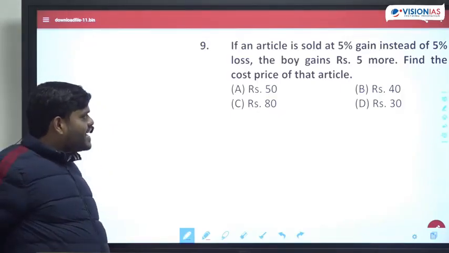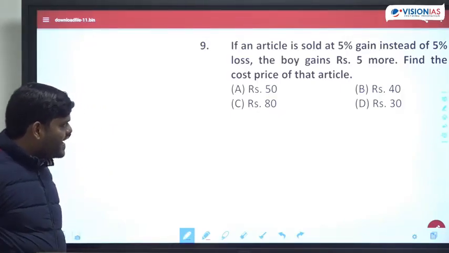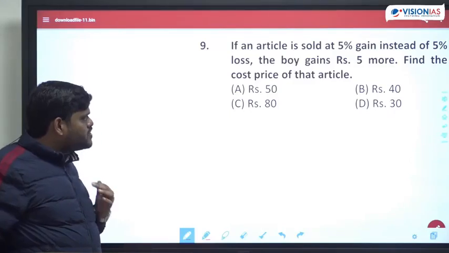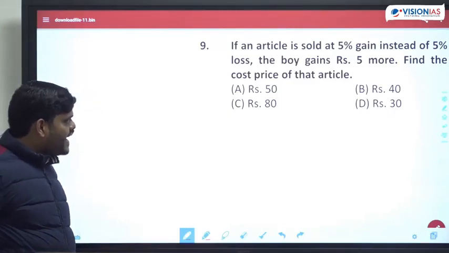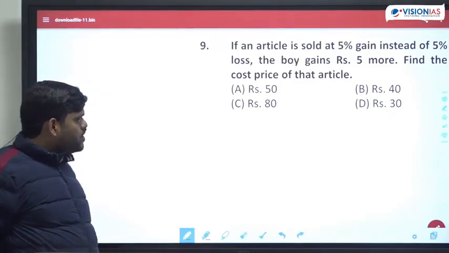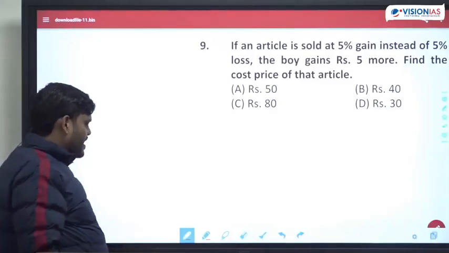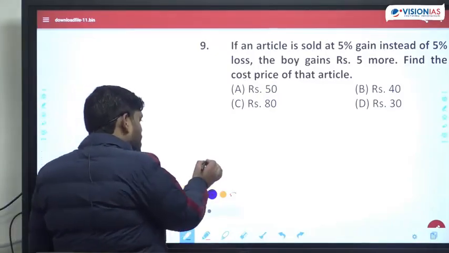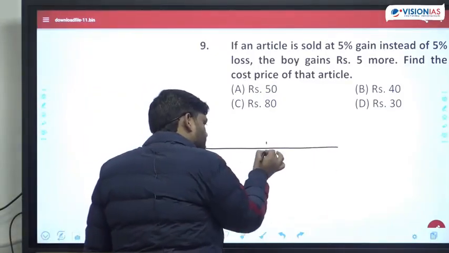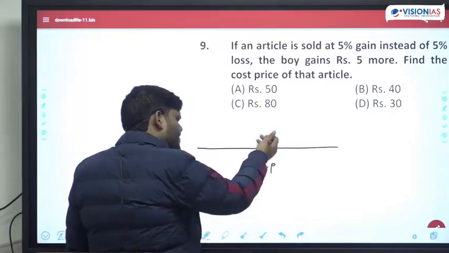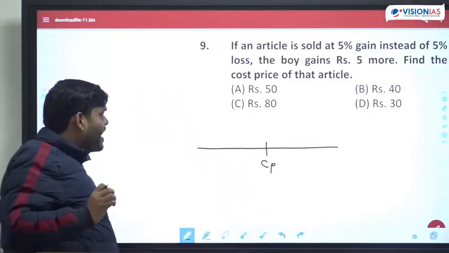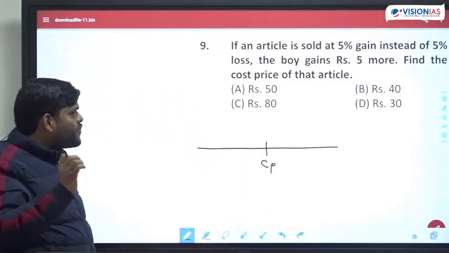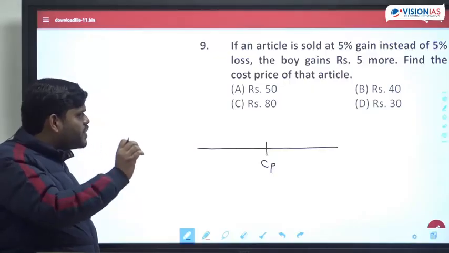If an article is sold at 5% gain instead of 5% loss, the boy gains rupees 5 more. Find the cost price of that article. See, suppose this is CP, the cost price, whatever it is. Now the article is sold at 5% gain instead of 5% loss.